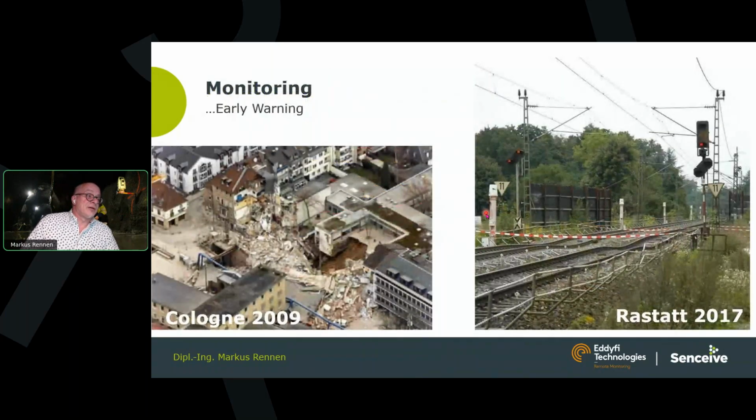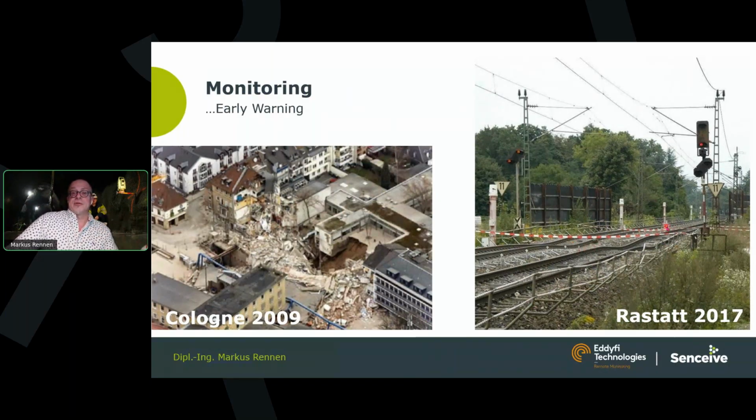Here, for example, very critical in Germany, the collapse of the town's archive in Cologne in 2009, where two people died, or relatively recently, the icing of the ground in Rastatt near Karlsruhe in Germany failed, and you see that it led to deformation of the surface above, detected in that case early enough by this total station monitoring.